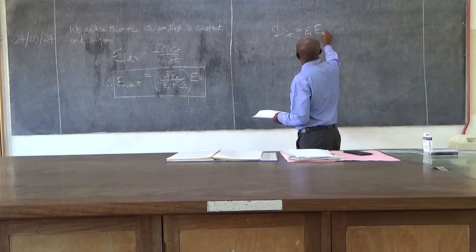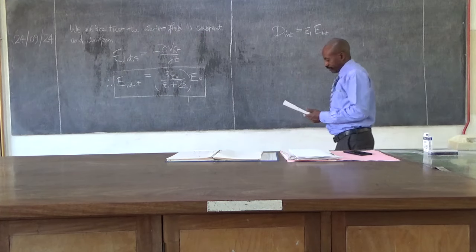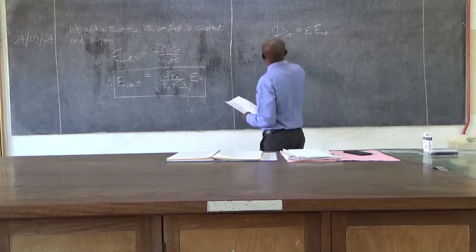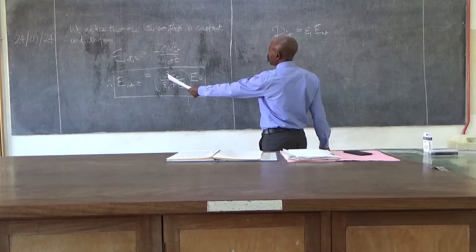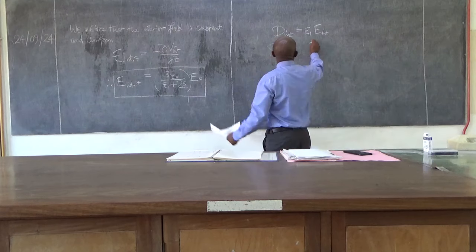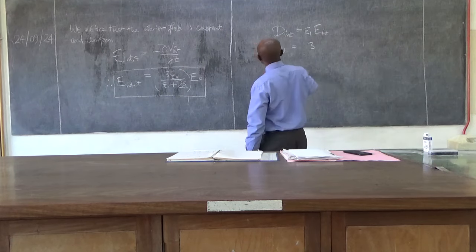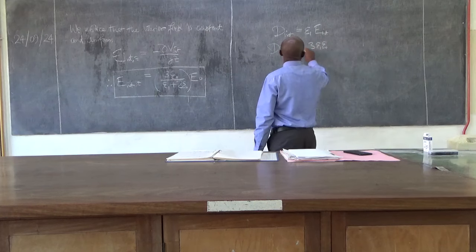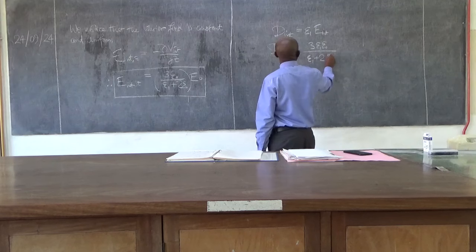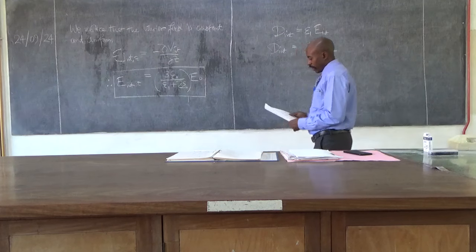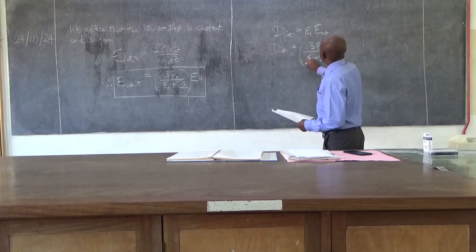And that means that D interior will be equal to epsilon 1 multiplied by this, so it will be 3 epsilon 1 epsilon naught over epsilon 1 plus 2 epsilon naught, and then multiplied by E naught.